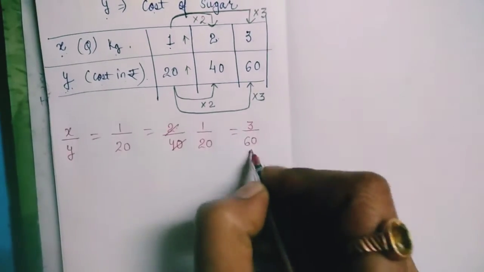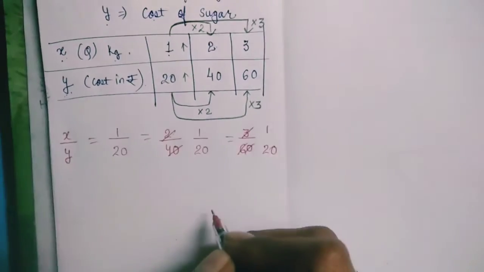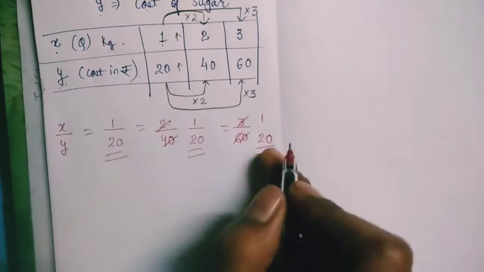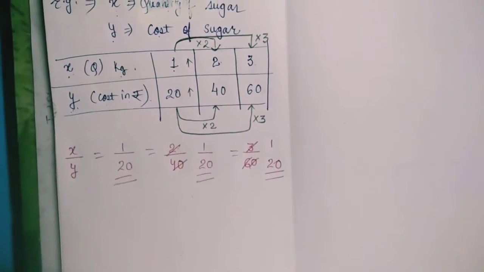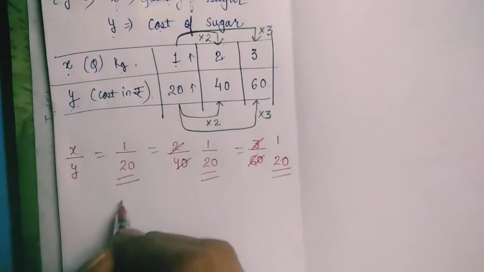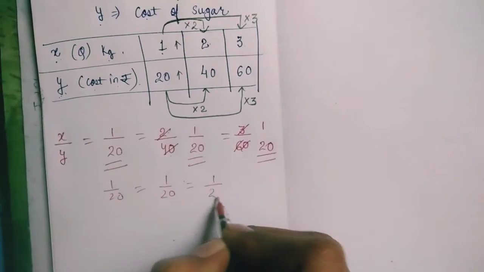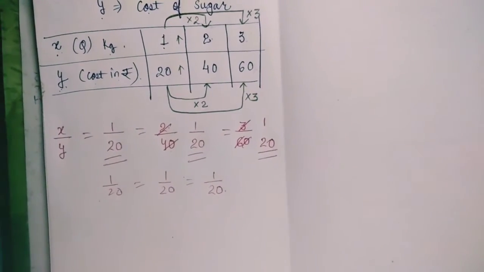In its simplest form, 3 ones are 3, 3 twos are 6, zero as it is. Each one has the same simplest form. It means this is direct proportion, and their ratio 1 by 20 is equal to 1 by 20 is equal to 1 by 20, which are equal to each other.